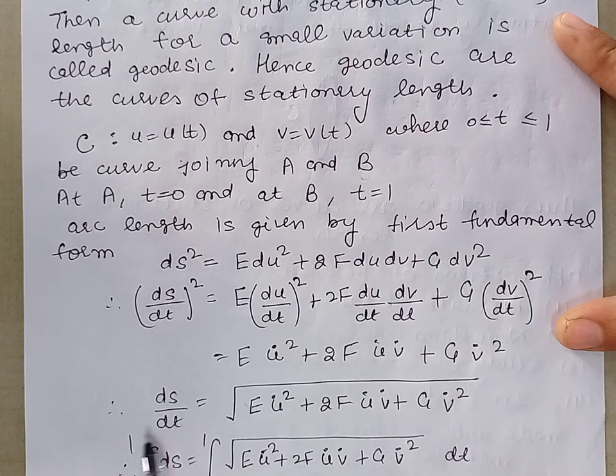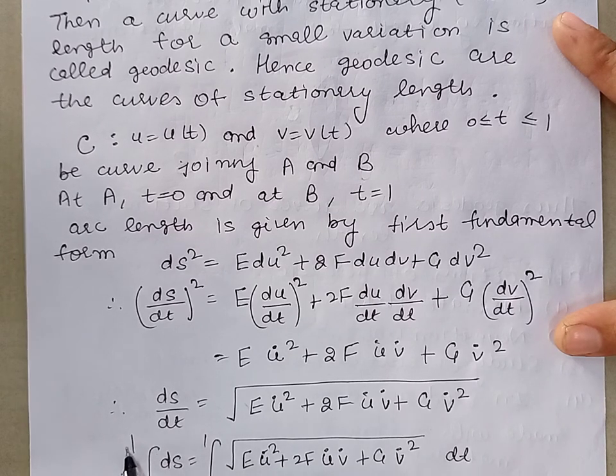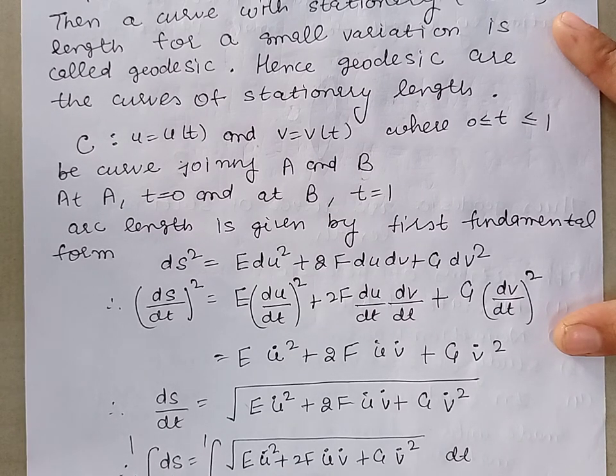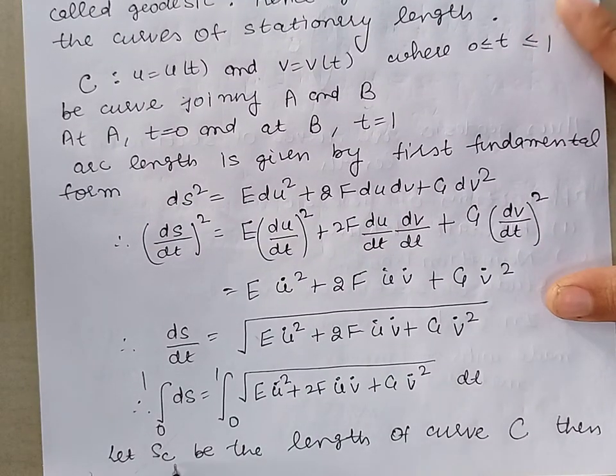Now, from here we can multiply both sides by dt, and to find the length of the curve C, we can integrate between the limits 0 to 1. So, we get integral 0 to 1 ds is equal to integral 0 to 1 square root of E u dot square plus 2f u dot v dot plus g into v dot square. Let us denote the length of the curve C by SC.